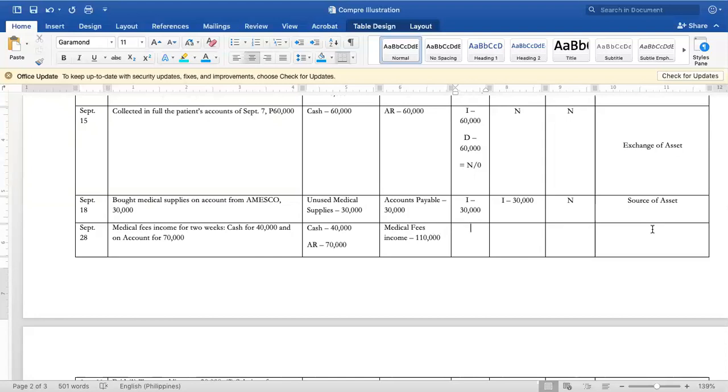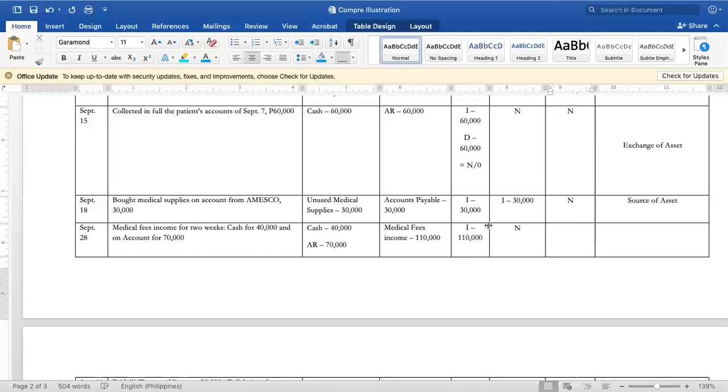Effect on your assets, it will increase because you debit cash, at the same time you debit AR, both asset accounts. So normal balance is debit, so it will increase your total asset account by 110,000. How about liabilities? No effect because there is no liability account involved in the transaction. How about owner's equity?